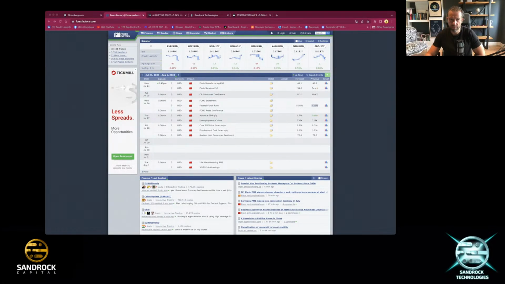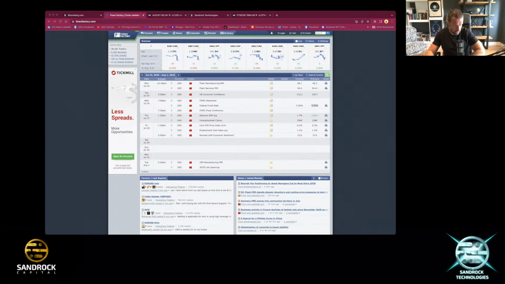We've got flash manufacturing PMI, so that is a time when we need to be focused. I mean, you've got market open 15 minutes before that, so we want to be out way in advance of that news. Okay, but as you can see with gold, it is moving in a sideways movement at the moment. So this is all good for bot trading.